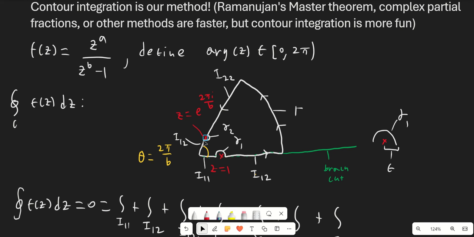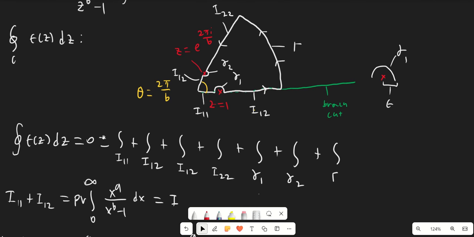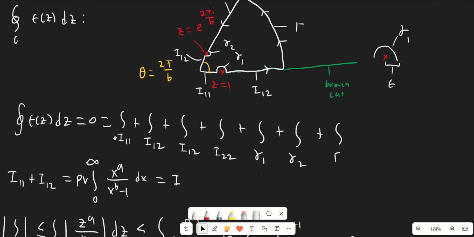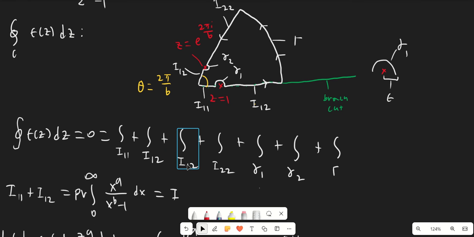Over here, we sort of go around, and then we drop back down to the origin. So we have a lot of different segments of our contour here. I11, I12, I wrote I12 twice. This should be I21, and this should be I21 as well. But you guys get the idea, and then I22, as well as gamma 1, gamma 2, and capital gamma.